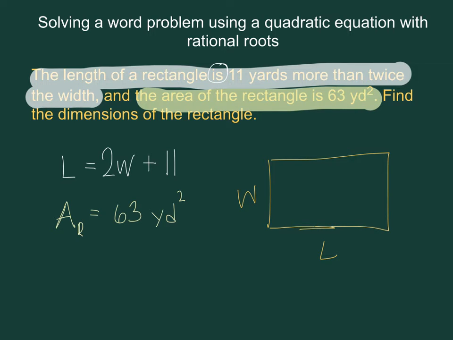We do know what the area is, but we also know that the area of a rectangle has a very specific formula. That formula is area equals length times width. So, what are you noticing? I'm noticing I have a length and I have a length right there. I also notice that I have an area of a rectangle and an area of a rectangle.